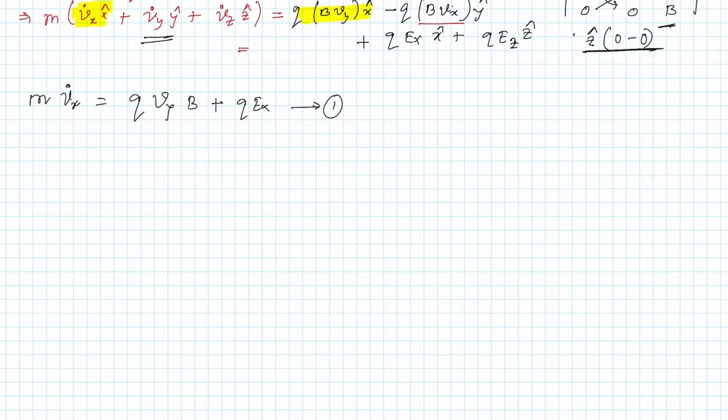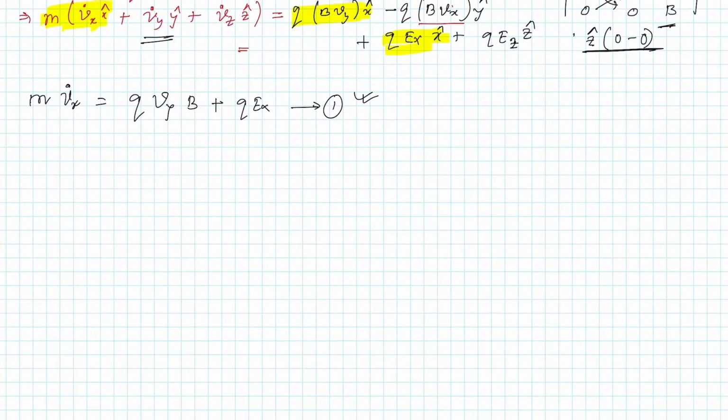Here the X components on the left hand side are m Vx dot, and on the right Q B Vy and Q Ex. From these X components we have got the first equation.